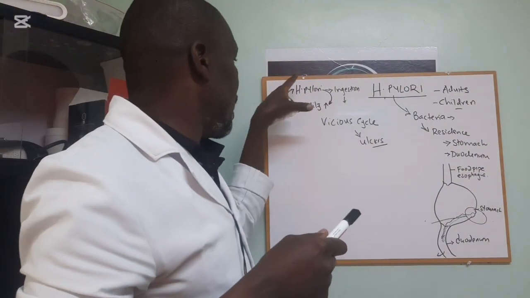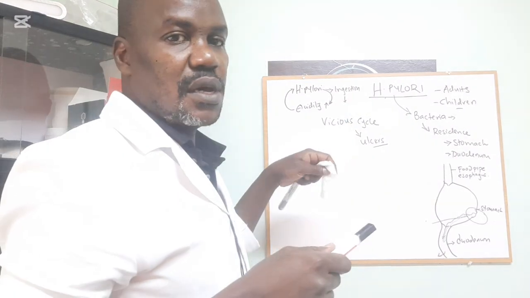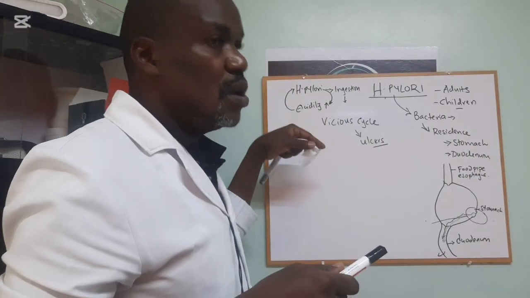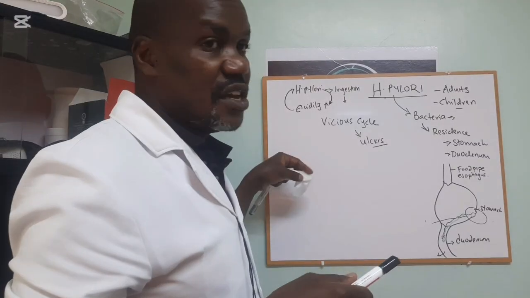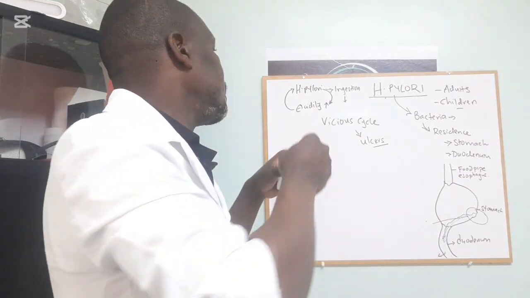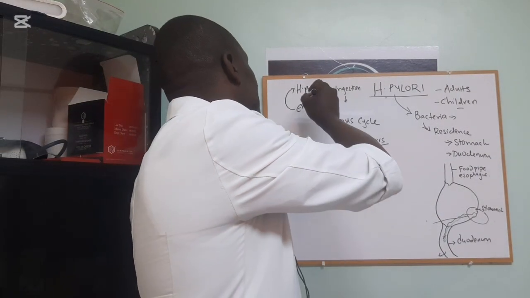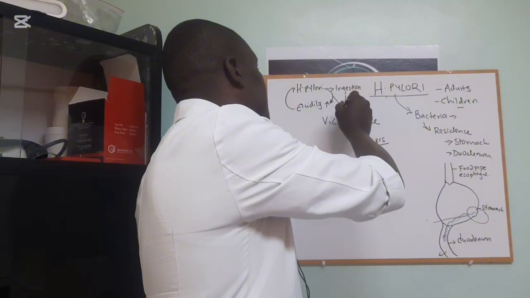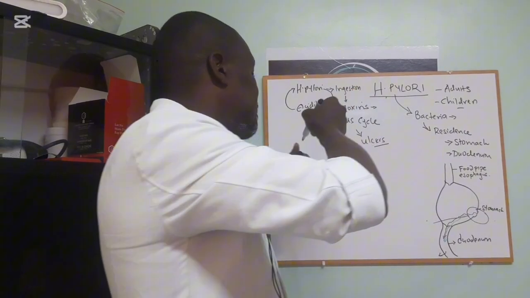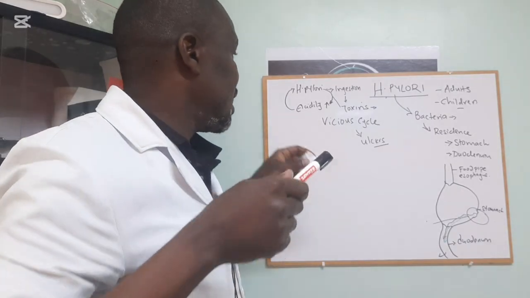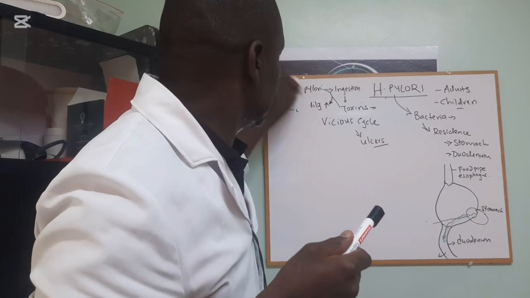So the acid will go high, favor H. pylori to proliferate and to grow. And as H. pylori is growing and proliferating, it is causing the acid levels to increase. How does it cause acid levels to increase? By excreting toxins, and that increases the acid levels.